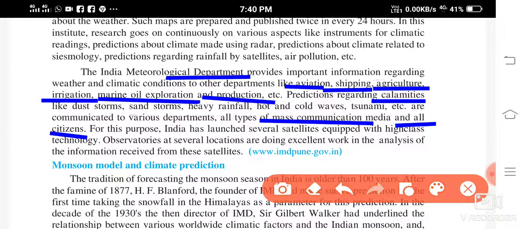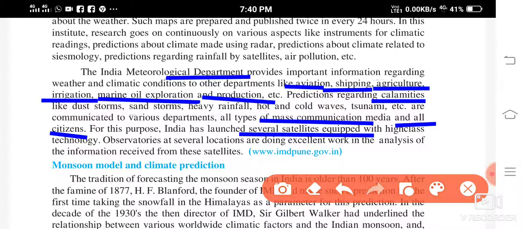Now for this purpose, India has launched several satellites equipped with high class technology. We have launched many satellites regarding the weather.